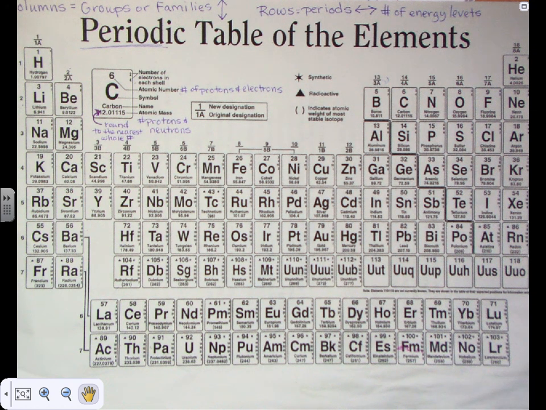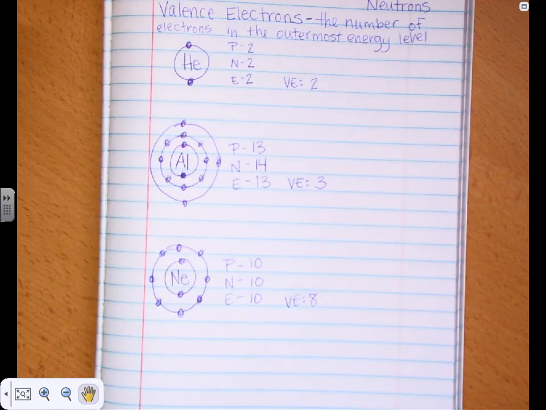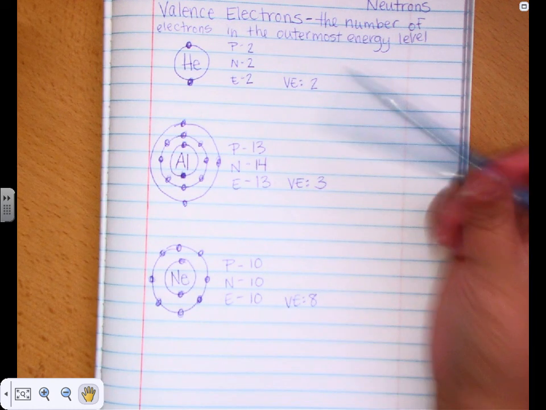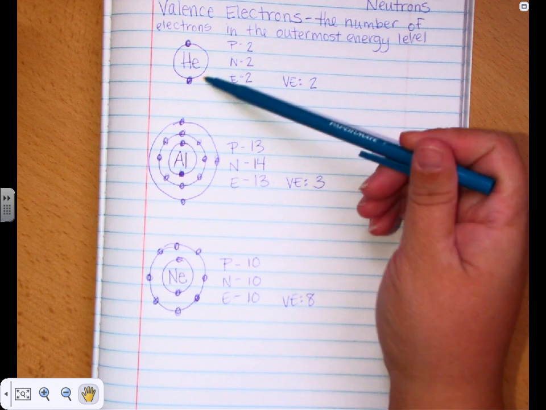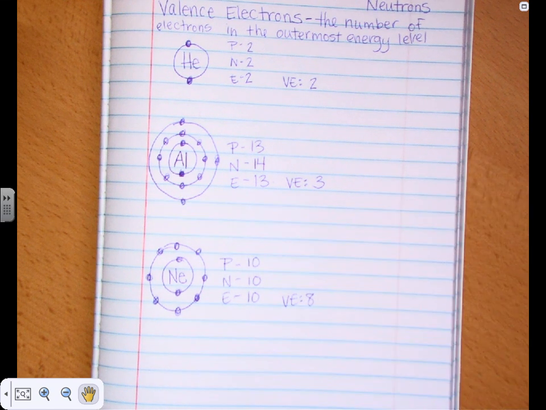Nope. Okay. It is here because I want you to look at these drawings right here. Compare helium and neon. What do they have in common? Take a look and think about what they have in common and why they both belong in the 8th column. Andre. I'm sorry, I can't hear you. No, they don't both have an E. Okay, that's not what we're looking at.